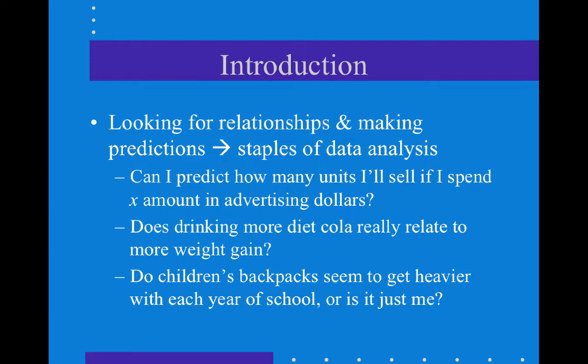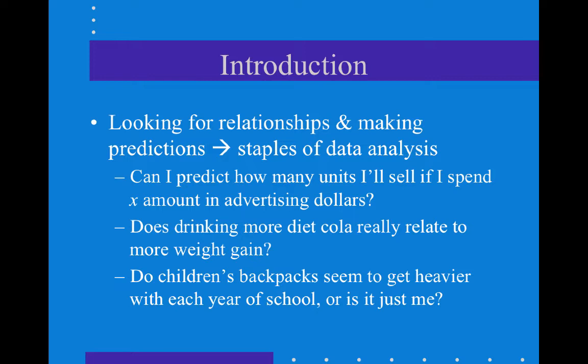So just to give you a little bit of background about why we use these, regression and correlation are really used to identify relationships, and we can use those relationships to actually make predictions. These are two staples of data analysis that we tend to run anytime that we're looking for relationships between traits.